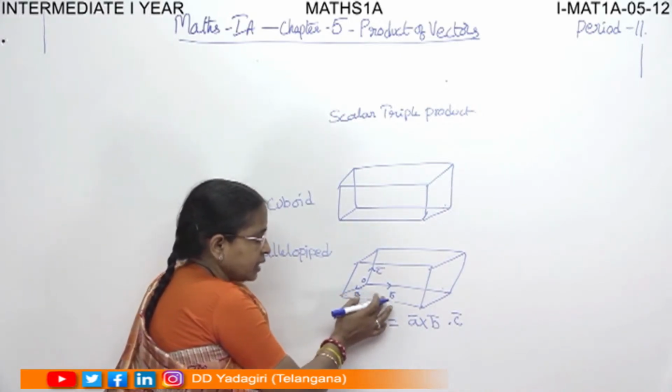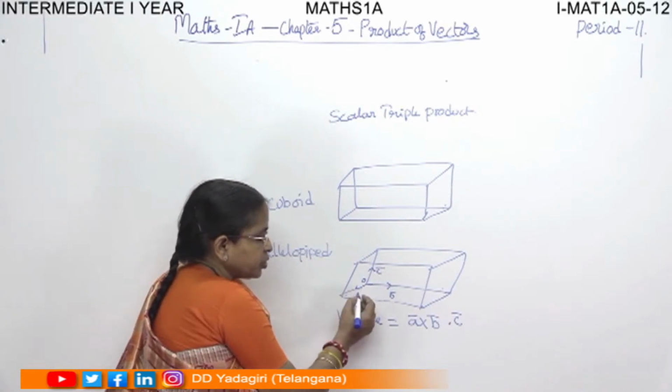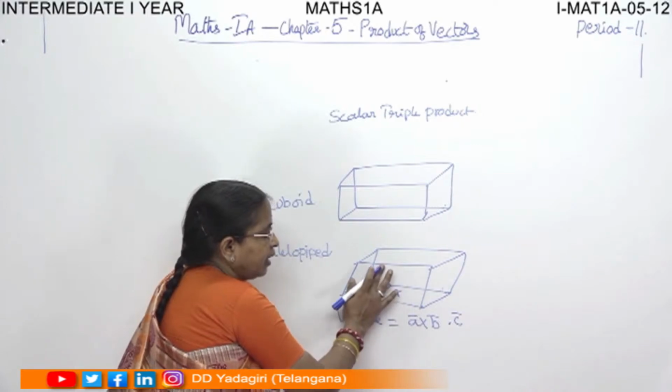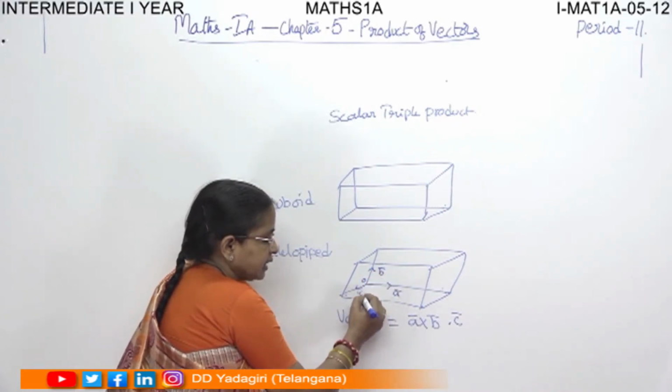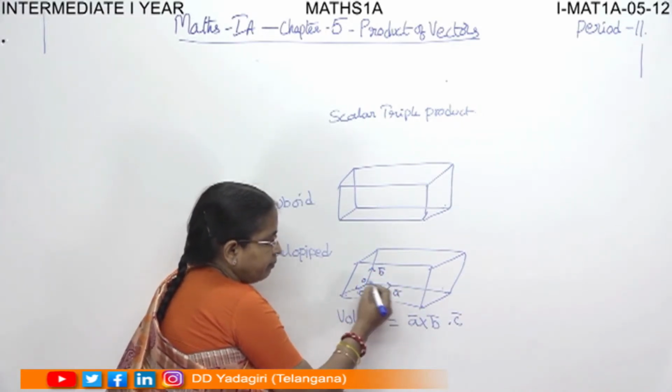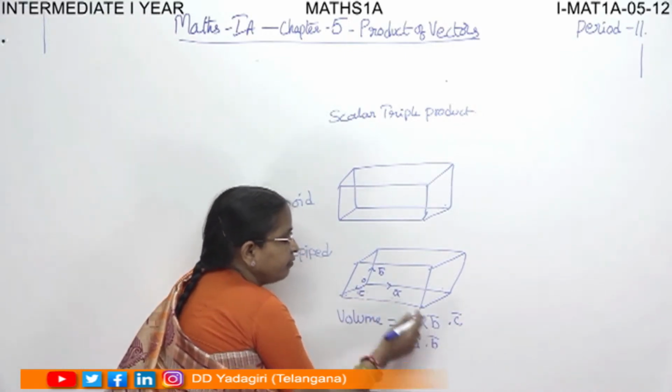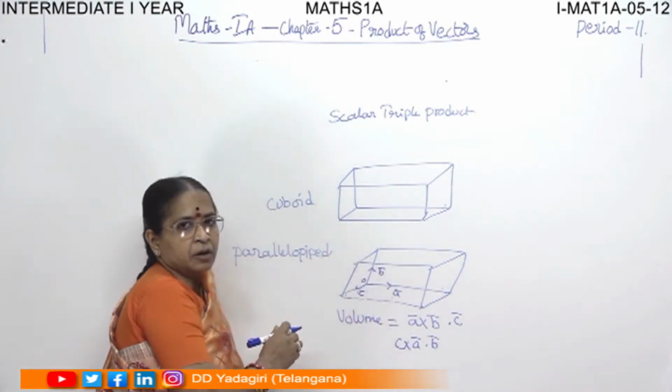Now suppose this is A, B, C. Now suppose I change the labelling, so this is A and this is B and this is C. Then again it will be C cross A dot B that gives the volume of the same parallelepiped.